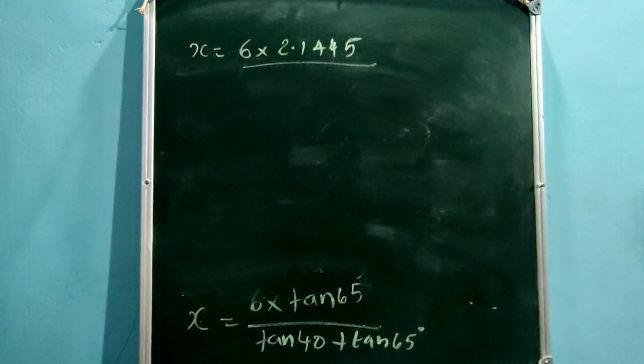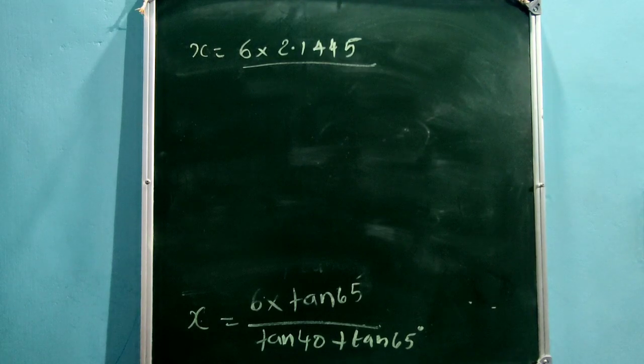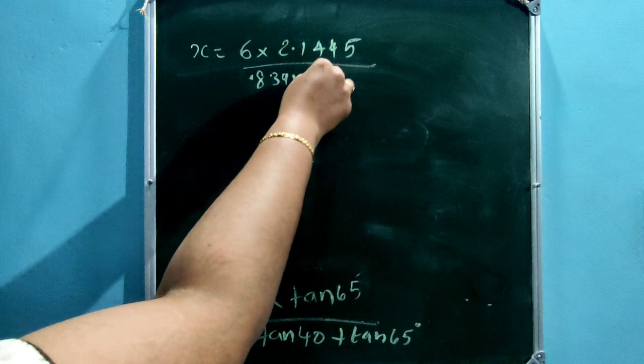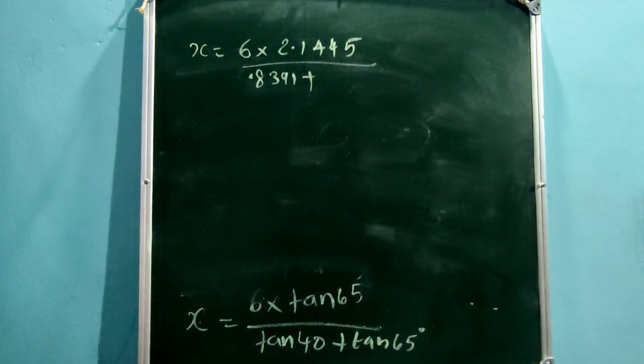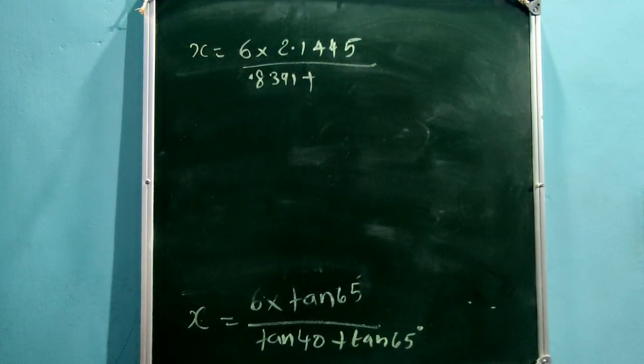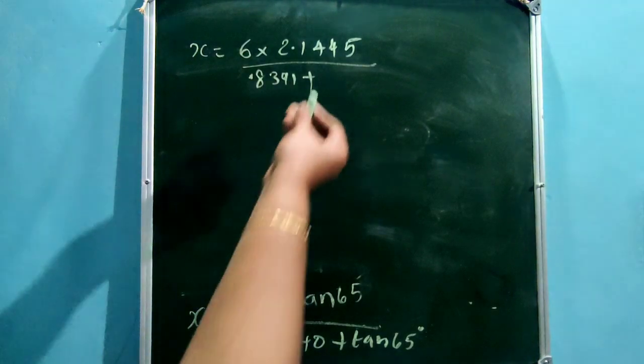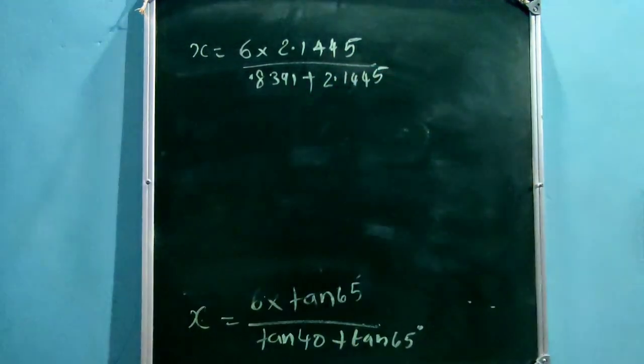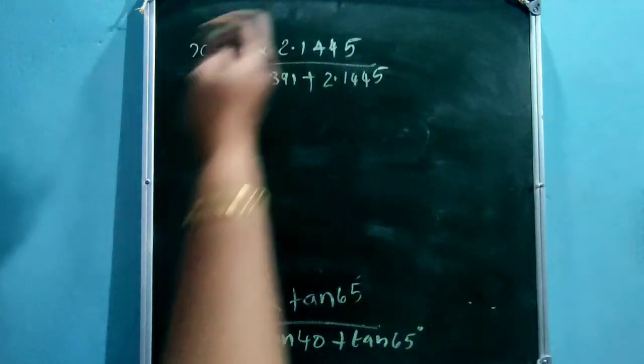Tan 40 is equal to 0.8391, plus tan 65. What is tan 65? We already wrote it, 2.1445. Now we need to simplify this.